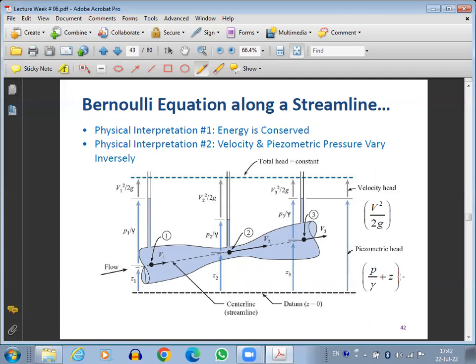Venturi is basically a regular pipe where you put a restriction and then release it. So the flow will first be restricted and then return back.